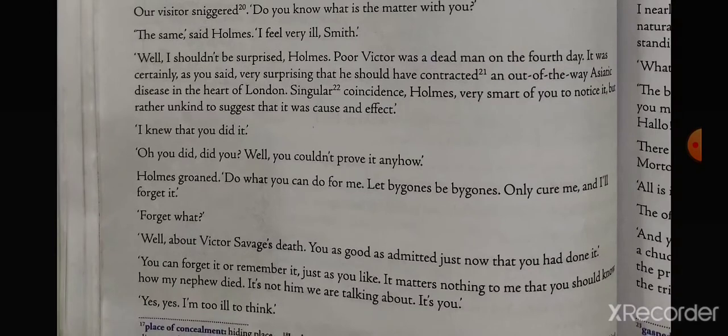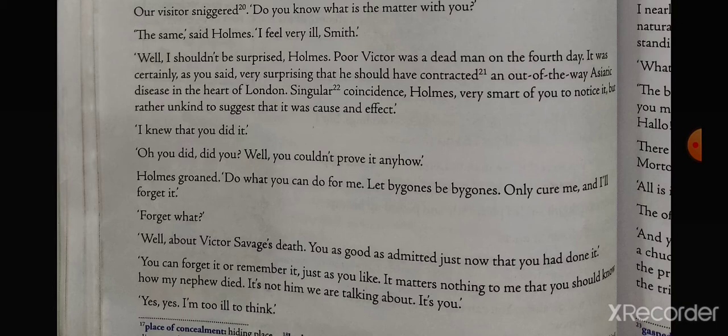Okay, so there is another man, Victor, whom we don't know about. He was dead on the fourth day of getting the disease. So he is comparing his disease with that particular person, and he is sad to know that Victor is the one who was spreading the disease. Now Sherlock Holmes knows that he is the reason behind the spreading of this disease, and he tells him that he will forget everything if he treats Sherlock Holmes. Forget what? Well, about Victor Savage's death.